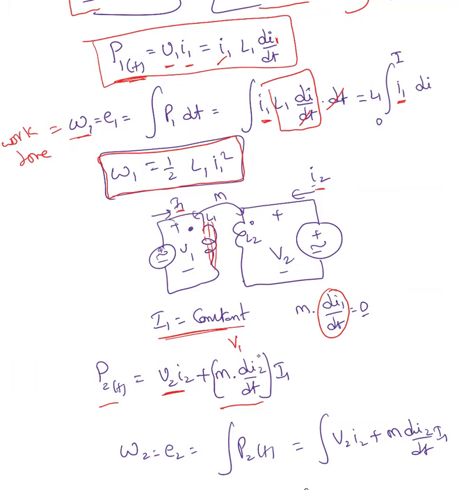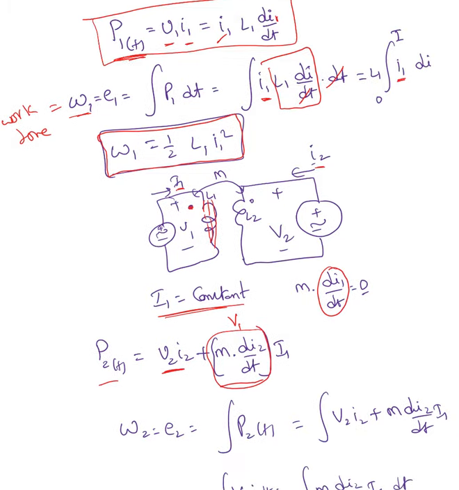Now remember, this voltage produced by coil 2 might aid the already existing voltage or might subtract from it. That all depends upon the dot convention. At this point I'm not worrying about that.